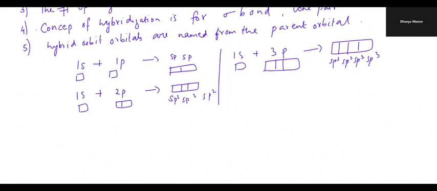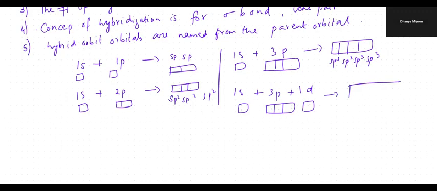Then, if 1s is mixing with 3p and 1d, so 1s, 3p, and 1d, I will get how many? 1, 2, 3, 4, 5. 5 hybrid orbitals, each of them sp3d.